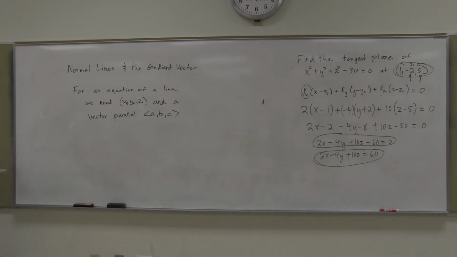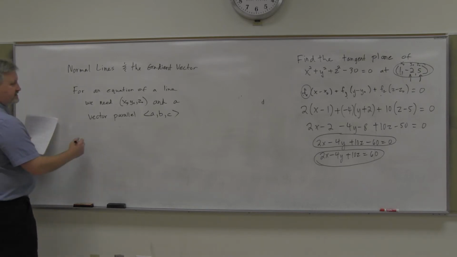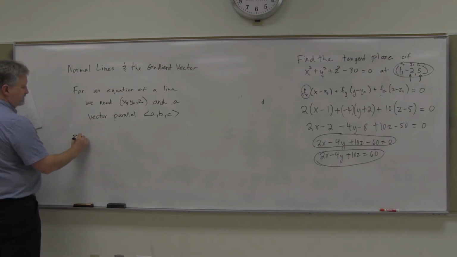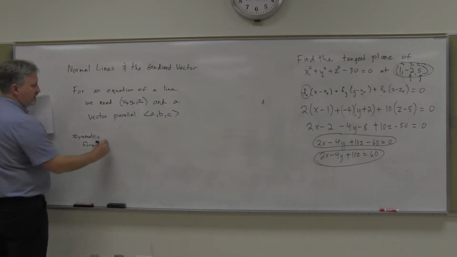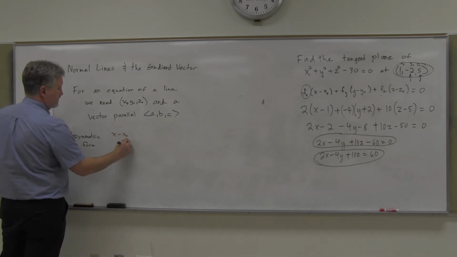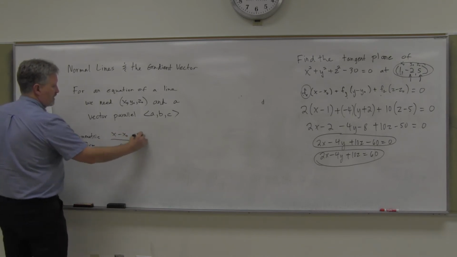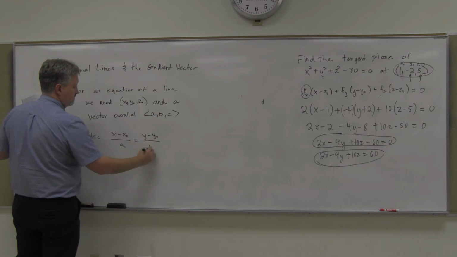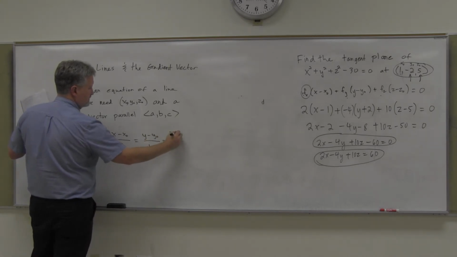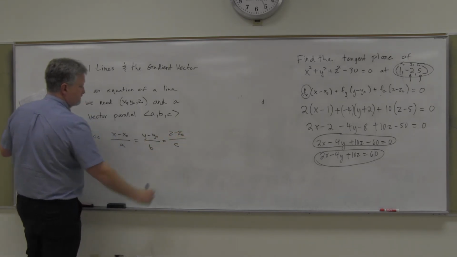And if that's the case, then remember the symmetric form. There are different forms, but this is the form they choose here. The symmetric form of the equation of the line: you do x minus x0 divided by a, and then y minus y0 divided by b, and then equals z minus z0 over c.